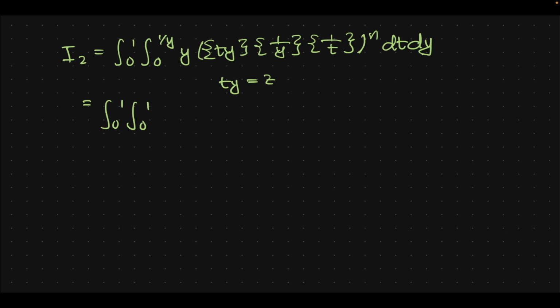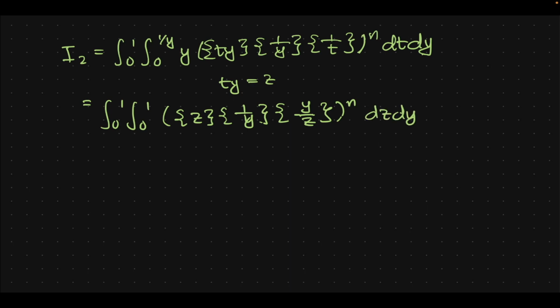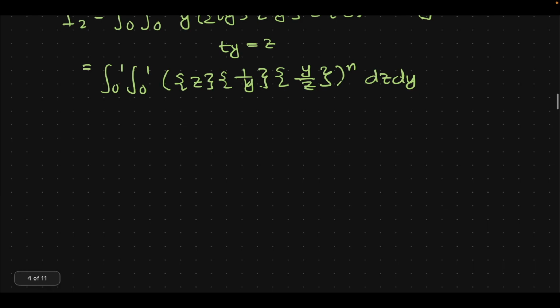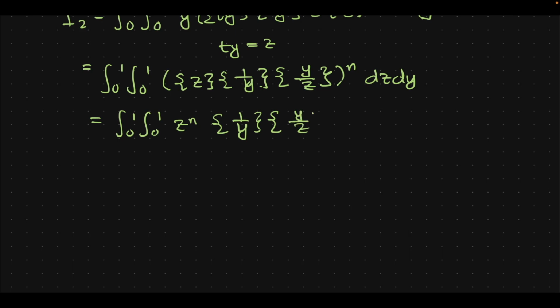We have z, 1 over y over z to the n, dz dy, and with similar logic from before this will just be z to the n. We can drop the fractional part on the z. y over z to the n dz dy.